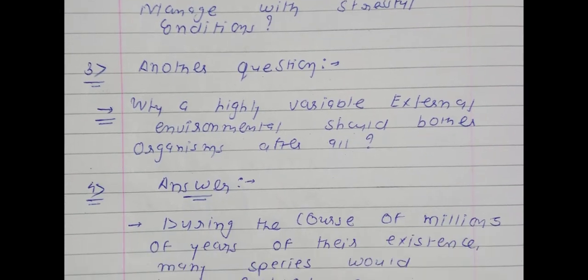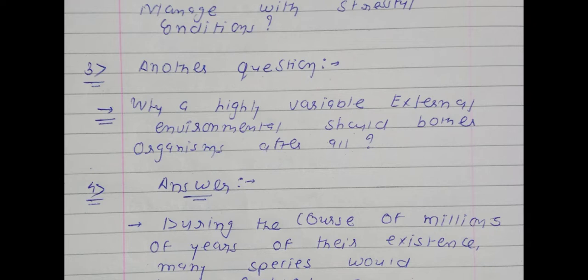Now we have the second question: why should a highly variable external environment bother organisms after all? It means what will be the major role of the external environment? So you know that organisms are 100% dependent upon the abiotic factors, and this external environment is going to affect the entire behavior of the different types of organisms.